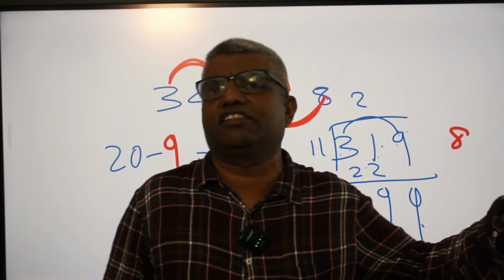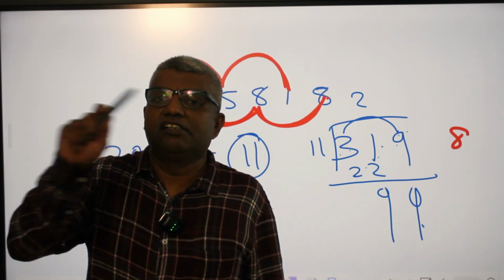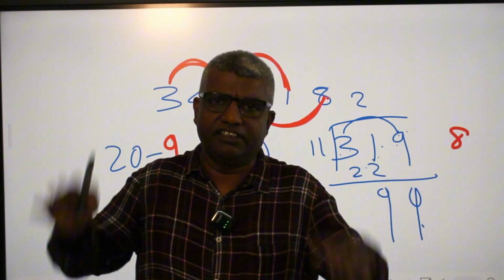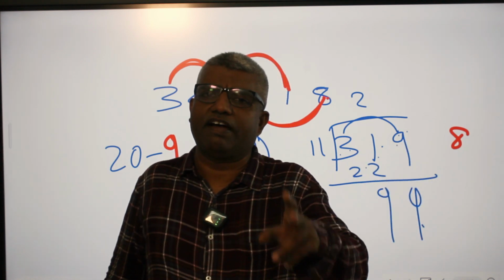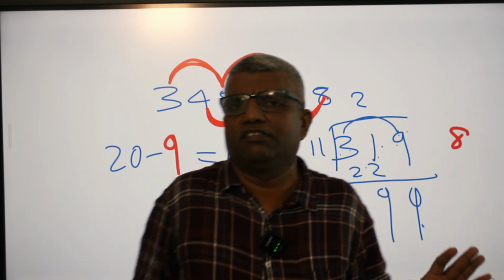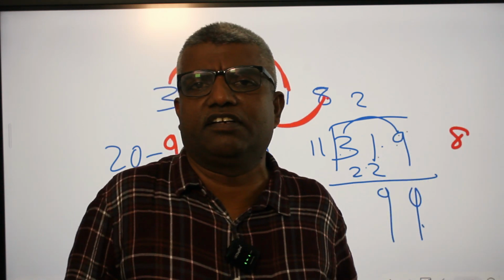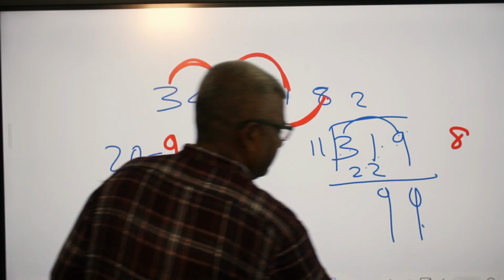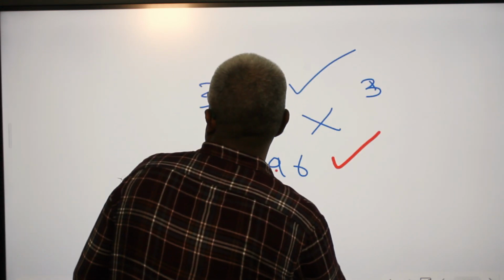For 10, last digit. For 11, add alternate digits, 2 sets, and find the difference. If the difference is 0, 11, 22, then the number is divisible by 11. If it is not 0, 11 or 22, then the number is not divisible. Okay, let us do one quick check.